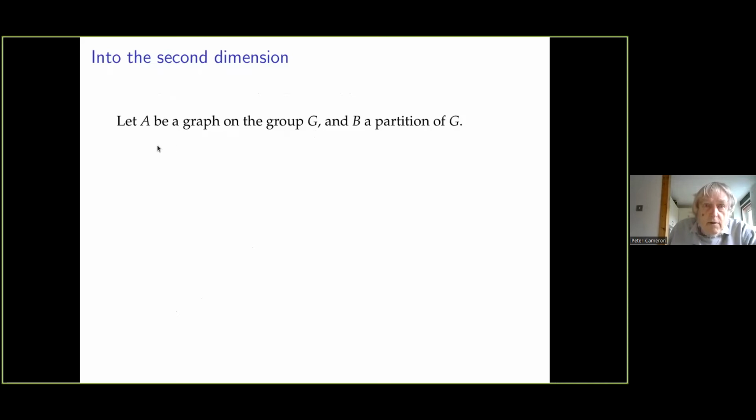So you have a graph defined on the group G, which might be the power graph. You have a partition defined of the elements of G, which might be by order or something like that. And we're going to build a graph using the same recipe that we just saw, but for an arbitrary graph on the group and an arbitrary partition of the group.